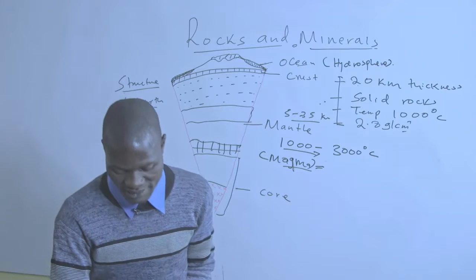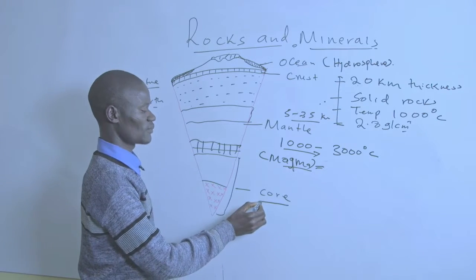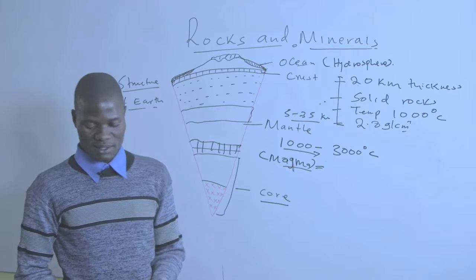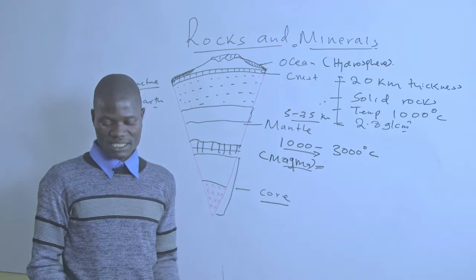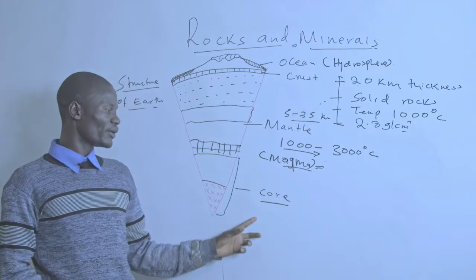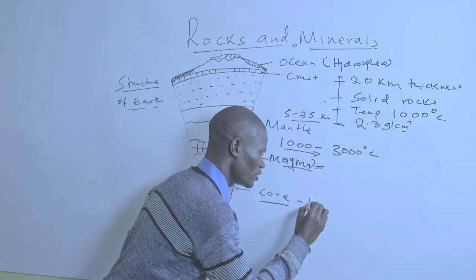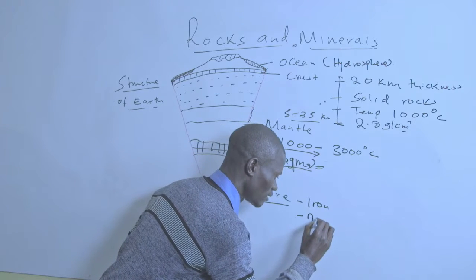We go to the third part. It is called the core. The core is the innermost part of the structure of the earth, and it is made up of iron as the main element and nickel.